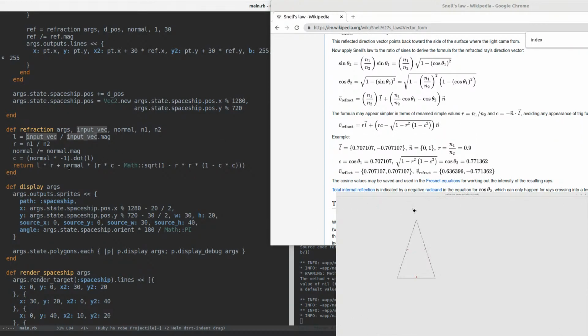L times R plus R times C minus the square root of 1 minus R times R times 1 minus C times the normal vector. Okay, I guess I will assume that's right, even though it kind of looks not so convincing. Okay, well, presumably it's right.